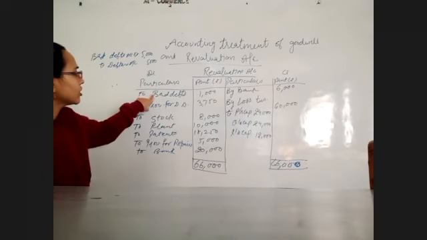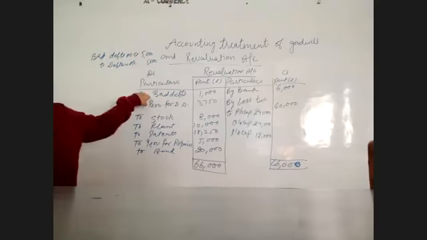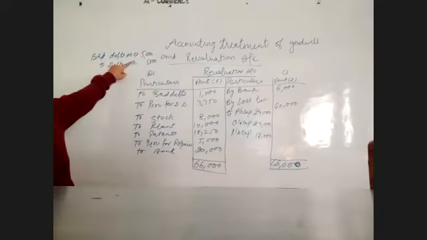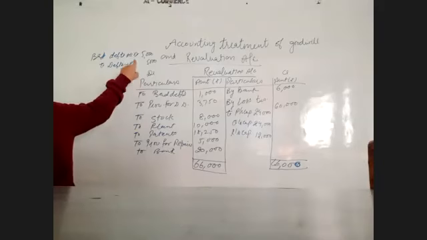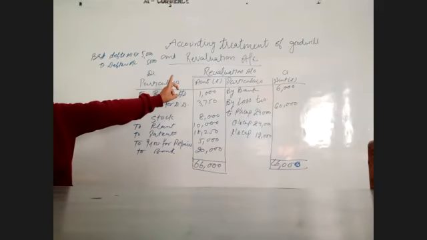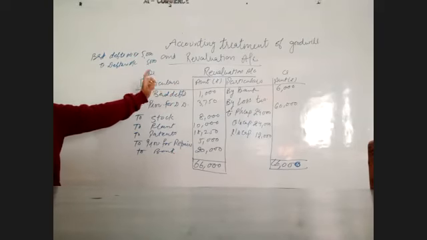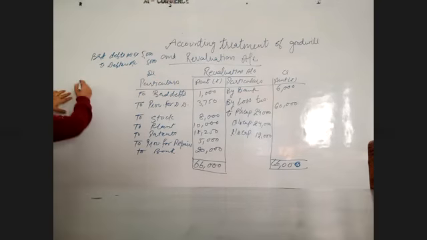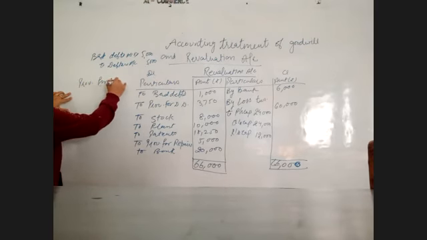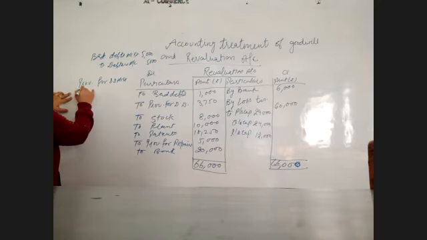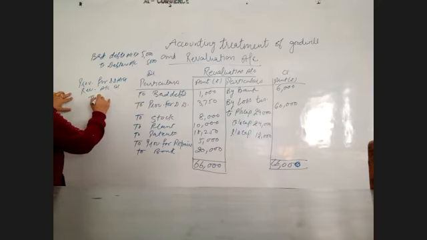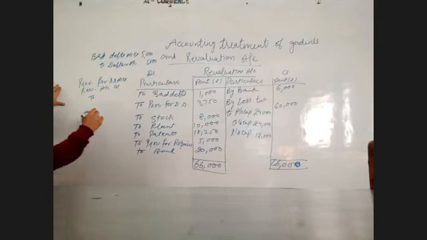Journal entries again I am telling you. First entry is bad debts account debit to debtors. Second, note down the second entry: provision for doubtful debts account debit, revaluation account debit to bad debts.